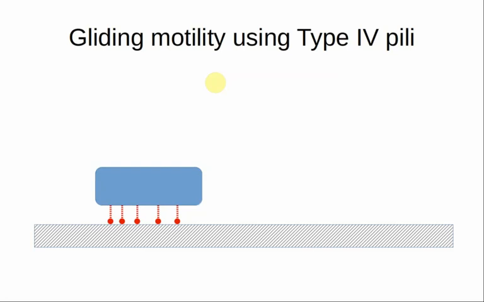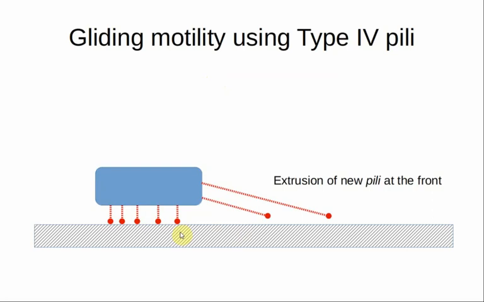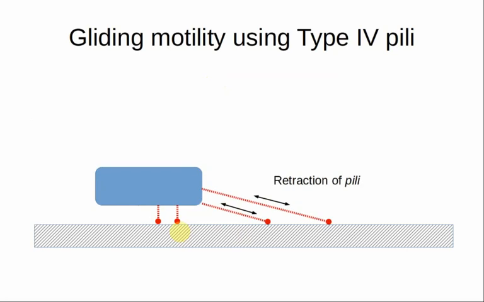Okay, so type 4 pili and gliding motility, how does this work? So you've got a little bacillus there on the diagram, which is attached to a solid surface through its type 4 pili. What is going to happen is they're going to extrude new pili at the front and then retract pili at the back. Then these pili are going to attach to the surface and then they'll be retracted.